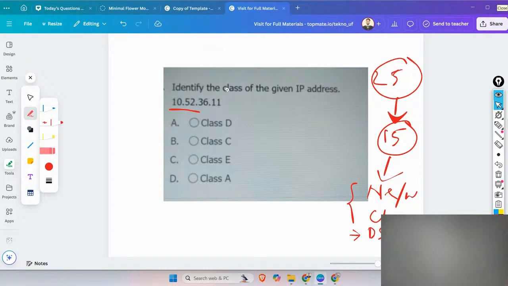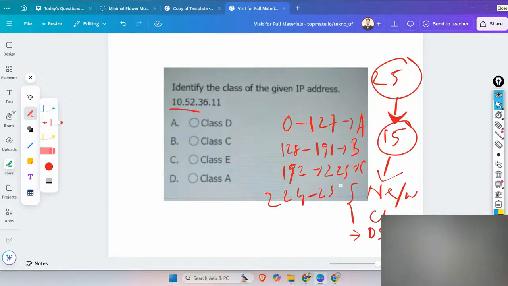So among these, which one is the correct answer? Okay, let me discuss. I hope you know 0 to 127 is the class A IP address, 128 to 191 is the class B IP address, 192 to 223 is class C IP address, 224 to 239 is class D IP address, and the rest up to 255 is class E IP address, right?